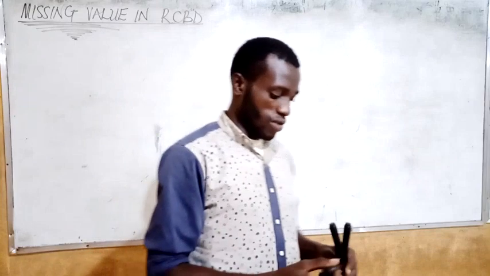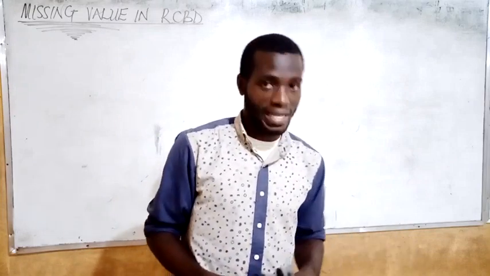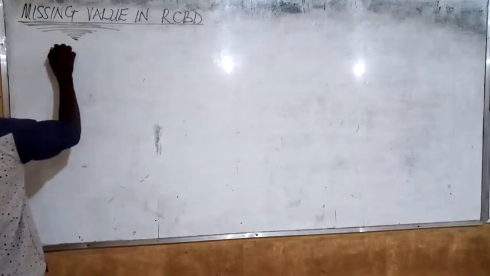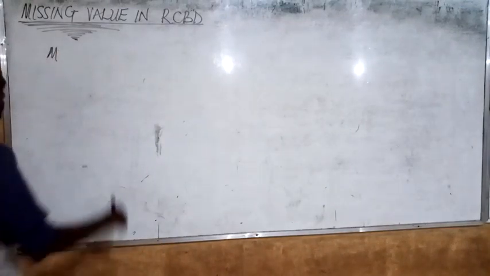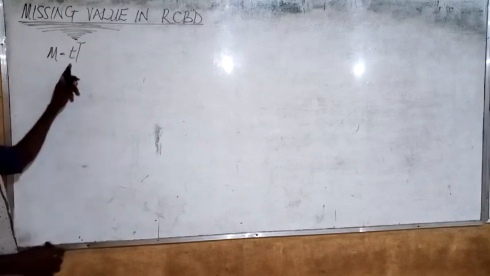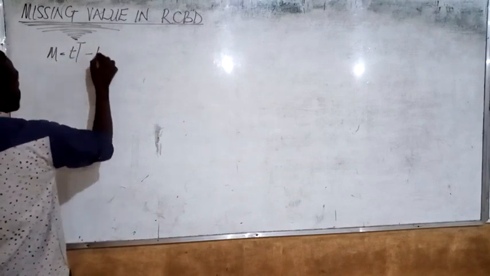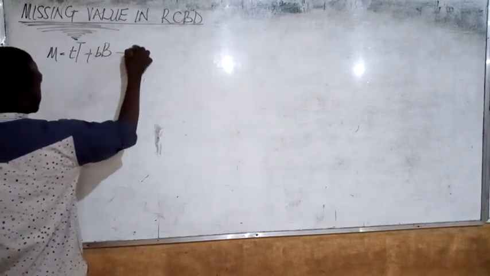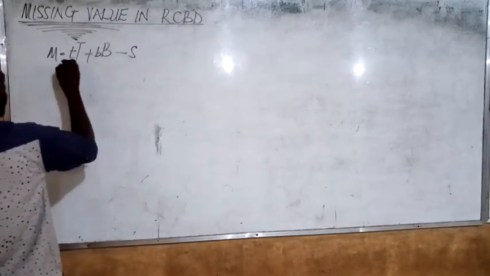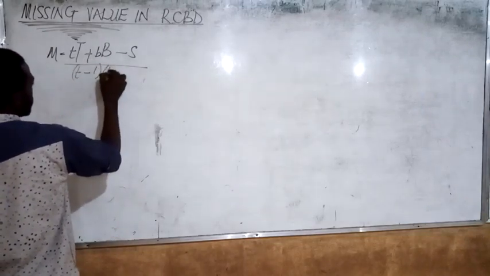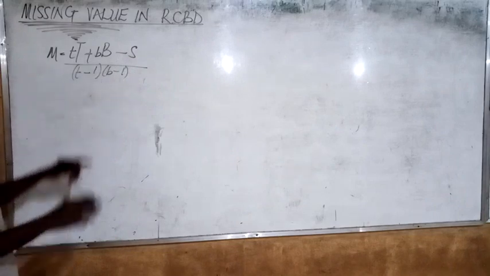The first formula that you have to master is the formula for the missing value. Missing value is given by m is equal to t, capital T, plus b, capital B, minus s, all over t minus 1 and b minus 1, or b minus 1, either way you put it.